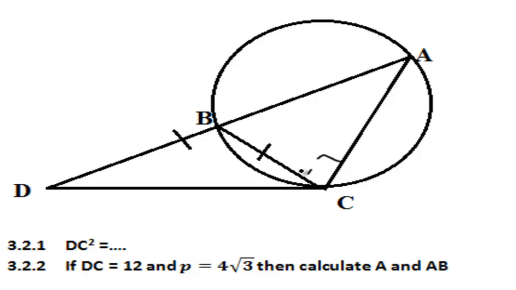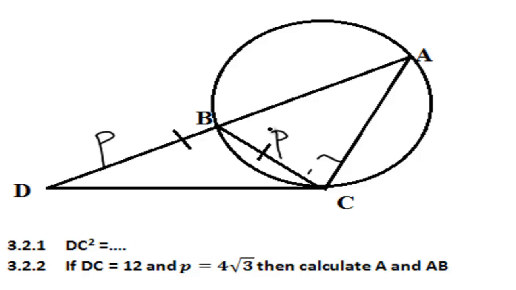Now we want to find DC squared. We are given that BC is p, and angle A as theta, and then our question is to find DC.